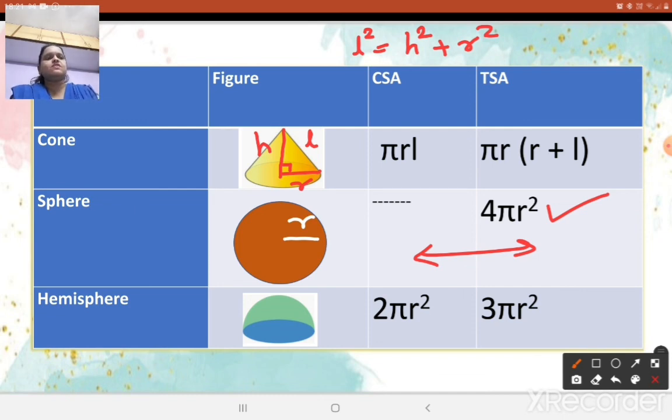Hemisphere, the curved surface area is 2 pi r square and the total surface area is 3 pi r square, and in this case also the r is a radius of the base, where we can say here the base is in a circular shape. Okay, so these are the formulas we have learned till exercise 13.4.